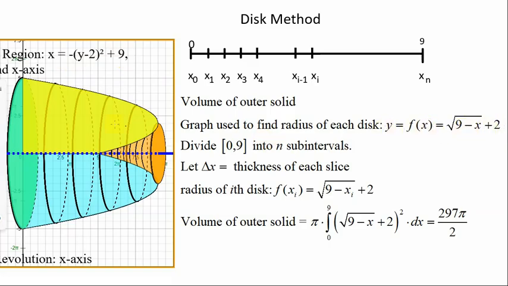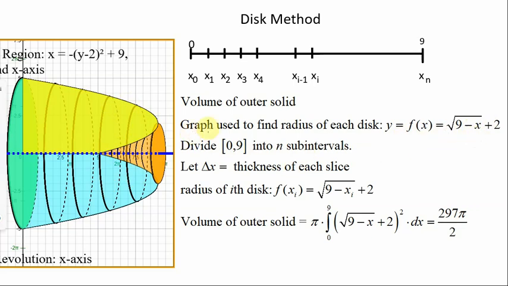And this function right here is for this part. And then for this part of the graph, the lower part here, it'd be y equals negative square root of 9 minus x plus 2. And we will need that to find the volume of this cone. But to find the volume of the entire solid, we just use this graph right here.